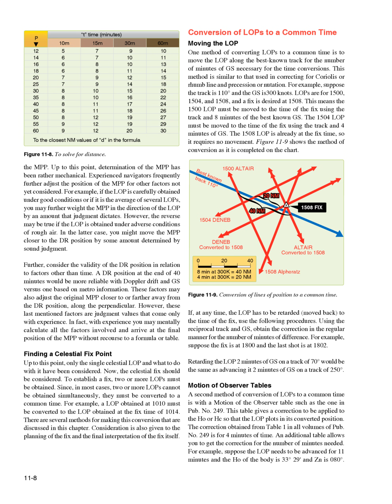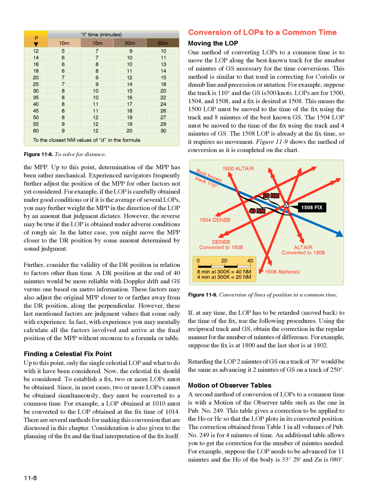This means the 1500 LOP must be moved to the time of the fix using the track and 8 minutes of the best known GS. The 1504 LOP must be moved to the time of the fix using the track and 4 minutes of GS. The 1508 LOP is already at the fix time, so it requires no movement. Figure 11.9 shows the method of conversion as it is completed on the chart.